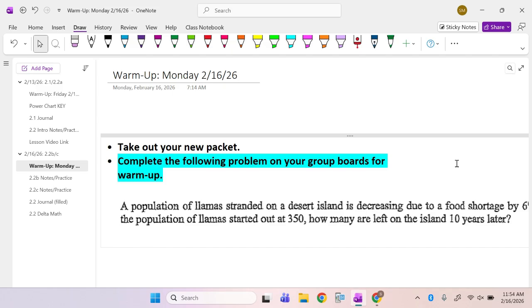So what that means is that every year that passes, we're only keeping 94% of that population. All right? So for example, after 1 year, we're only keeping 94% of the 350. Then after another year, we take whatever number we just got, take 94% of that, that's our new population after 2 years.